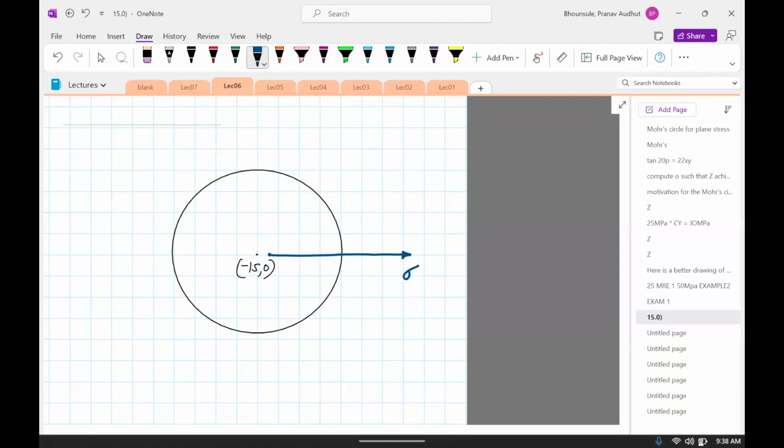That would be sigma, and then the tau axis would be something like this.